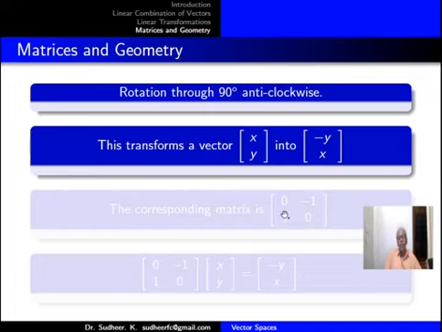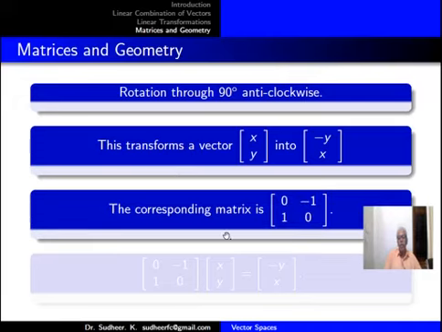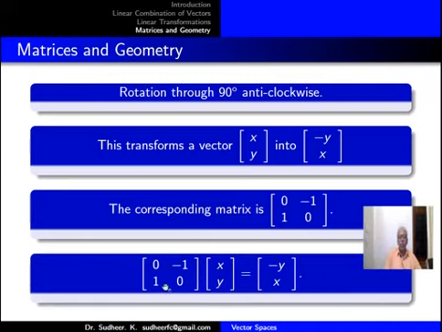So you can write the corresponding matrix by the previous discussion. You get the corresponding matrix is [0, -1; 1, 0]. So let us check: [0, -1; 1, 0] multiplied to the matrix (x, y) is equal to (-y, x).